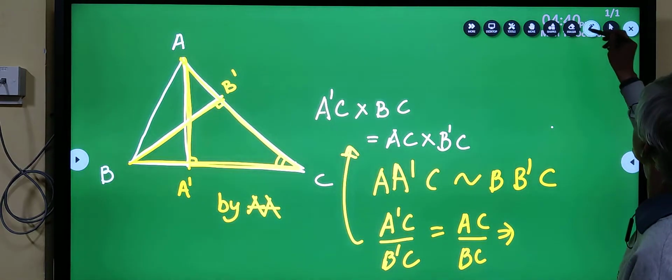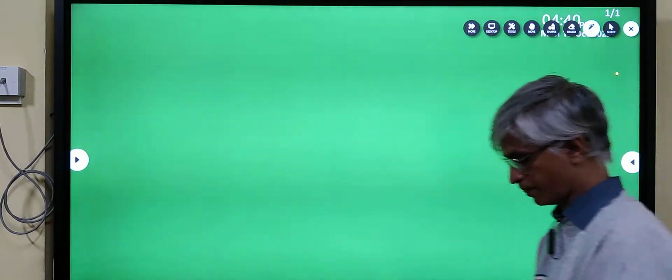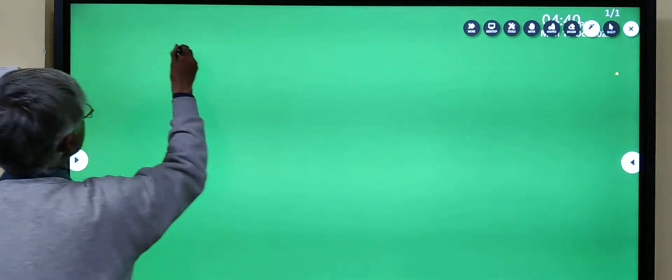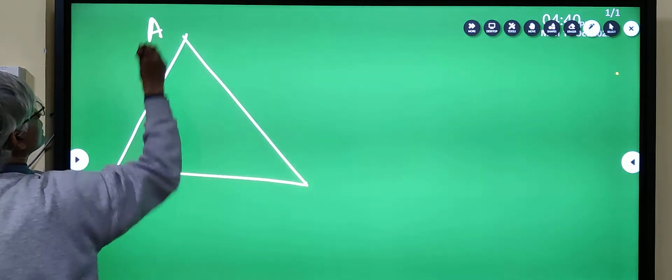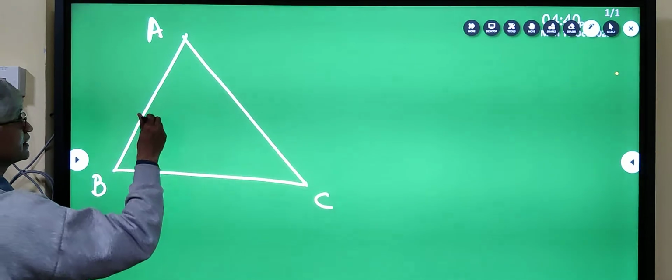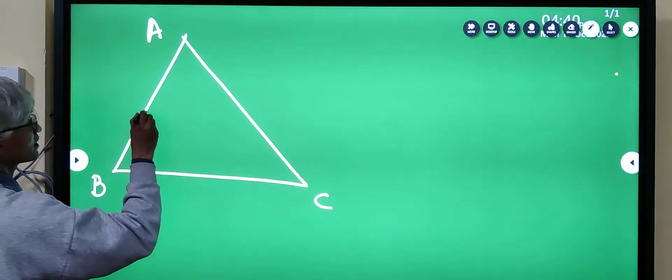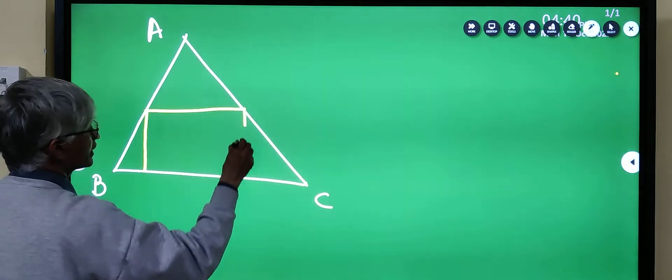So let me state the problem. The last problem for today, it goes like this. There is one arbitrary acute angle triangle. Let's call it ABC. Then he says that there is a square inscribed in this triangle.